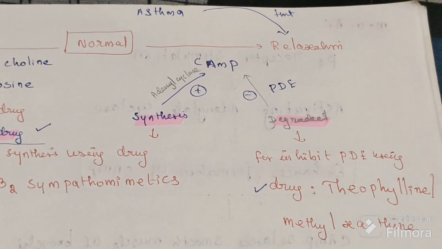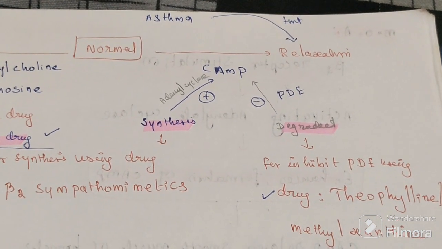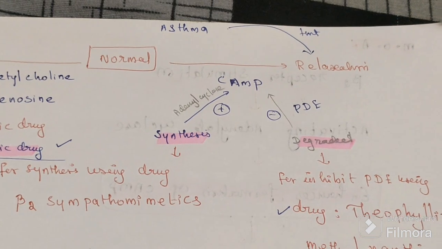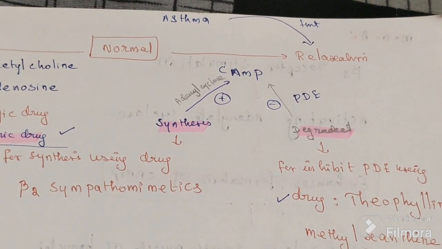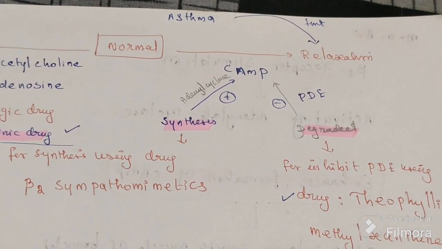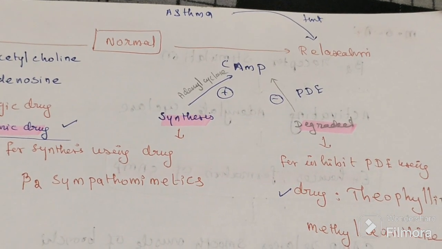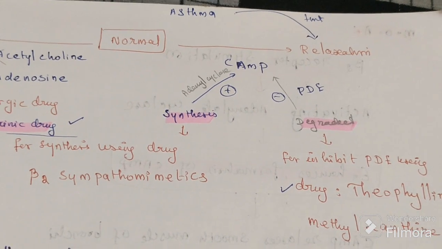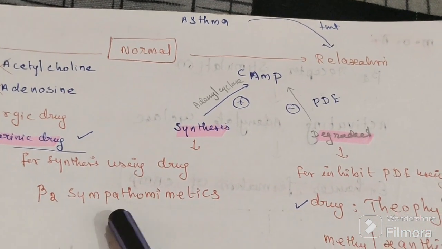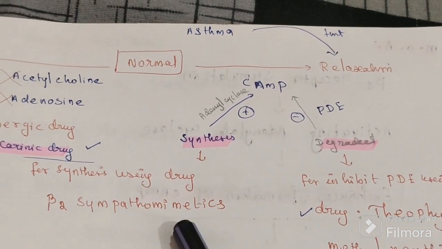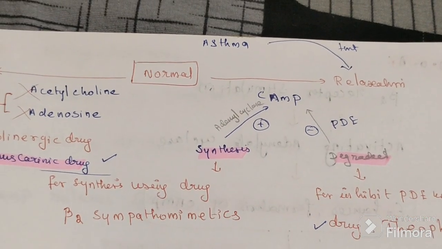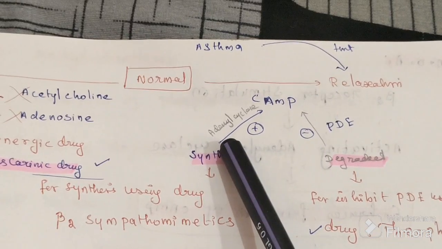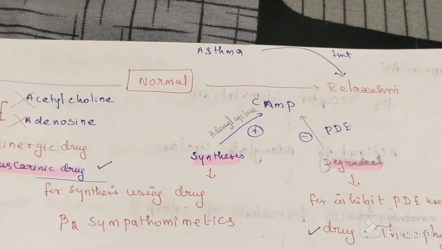Beta sympathomimetic drugs stimulate this adenyl cyclase. This is the mechanism.